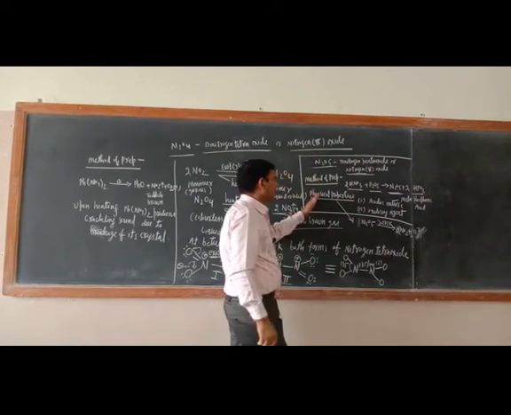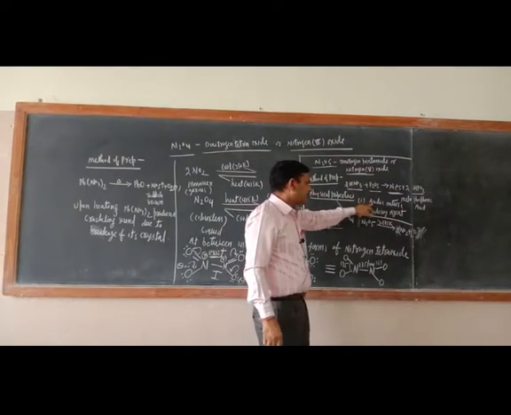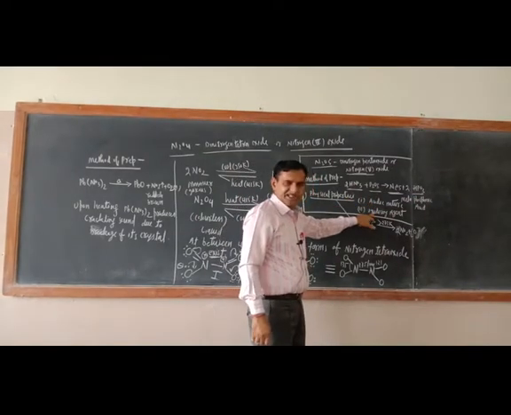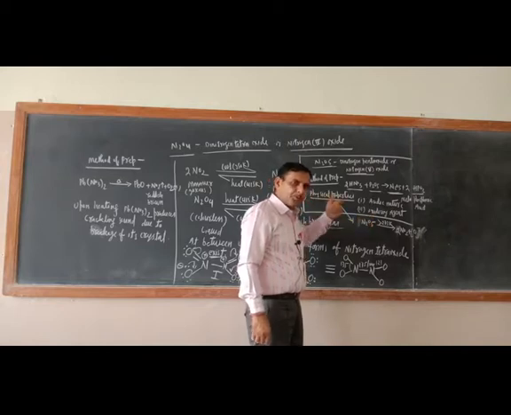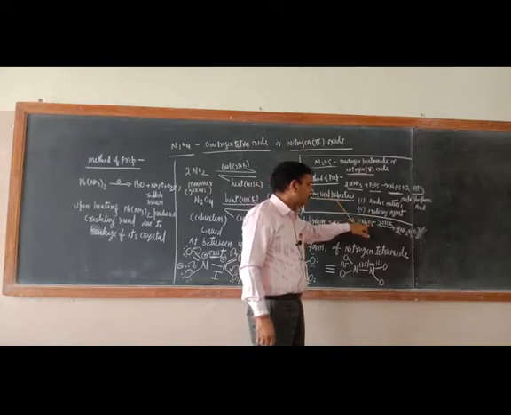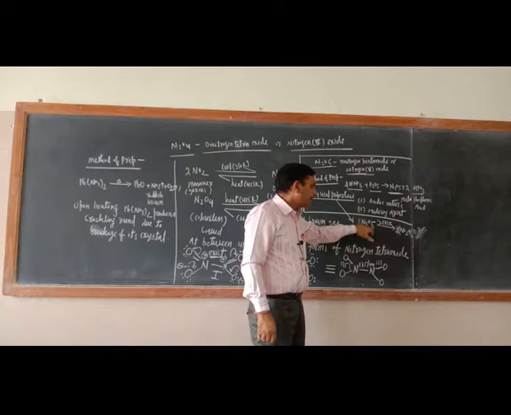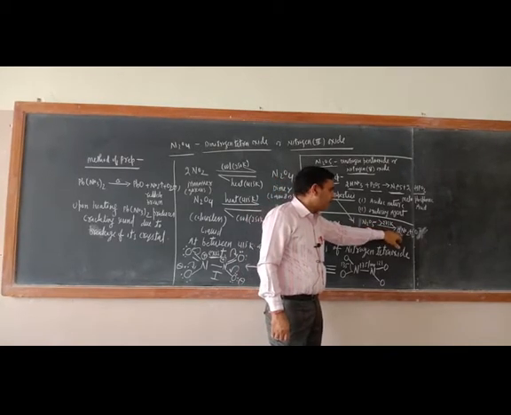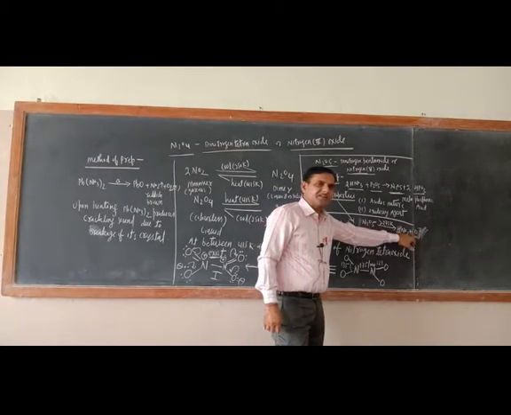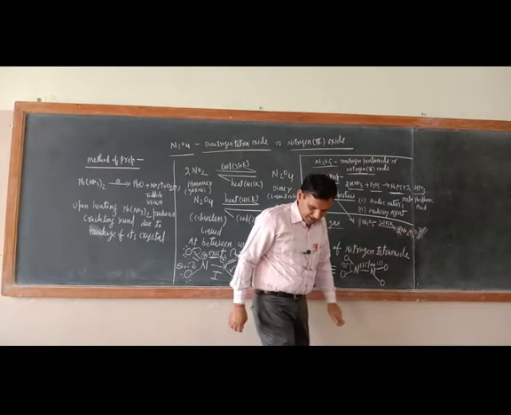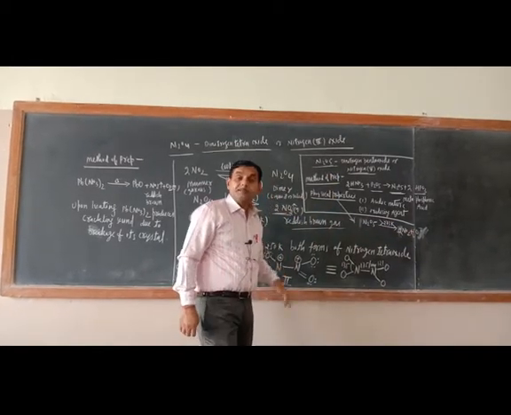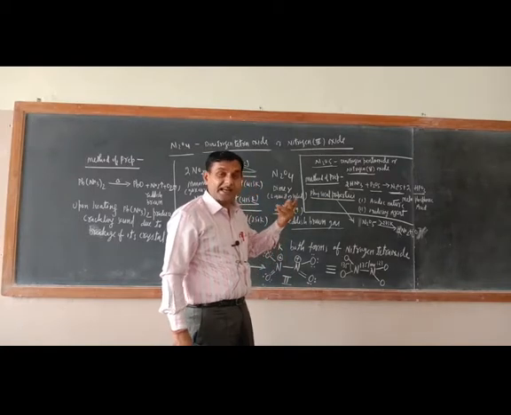What are the physical properties of N2O5? Acidic nature, oxidizing agent. Now to prove the oxidizing character, this reaction you can write. If you heat N2O5 at less than 273 Kelvin temperature, then it will produce NO2 and one nascent oxygen. So the production of nascent oxygen itself indicates the oxidizing character.